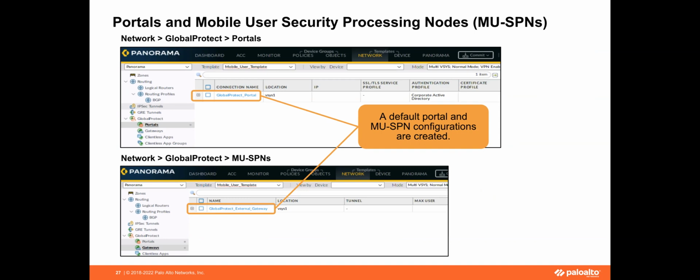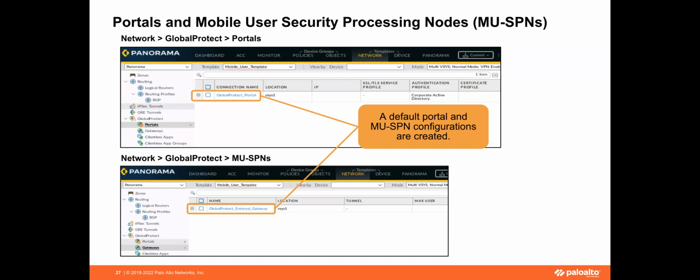Panorama provides a default portal and MUSPN inside the mobile user template, as shown in the screenshot above. You should configure the portal and MUSPN settings before configuring Prisma Access for mobile users. So in the next few slides, we will explain more about how the MUSPN is configured.